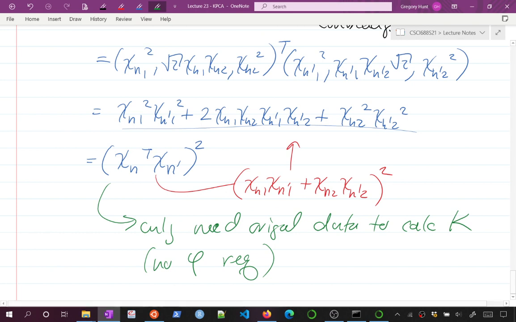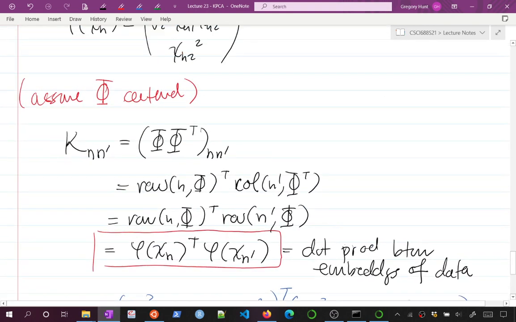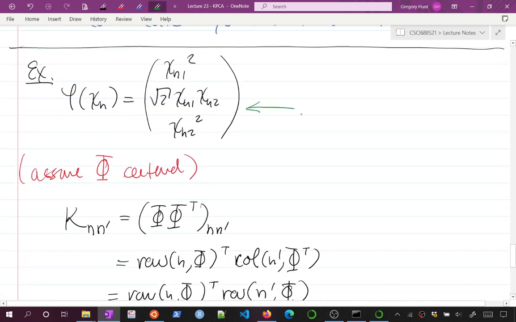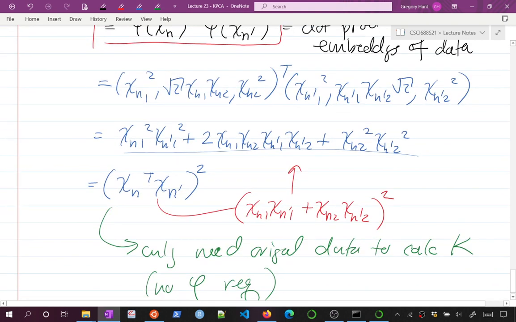And so is someone going to walk up to me on the street and give me this kernel matrix K? No. But it's actually not that hard to calculate. I don't need to embed my data. I need to calculate the capital phi matrix. I don't need to know what the embedding is. All I need to know is that if I were to use the embedding defined by this, which is a particular embedding, then if I wanted to calculate K, I actually don't even need to plug my data in this phi or make that big capital phi matrix or center it, whatever.